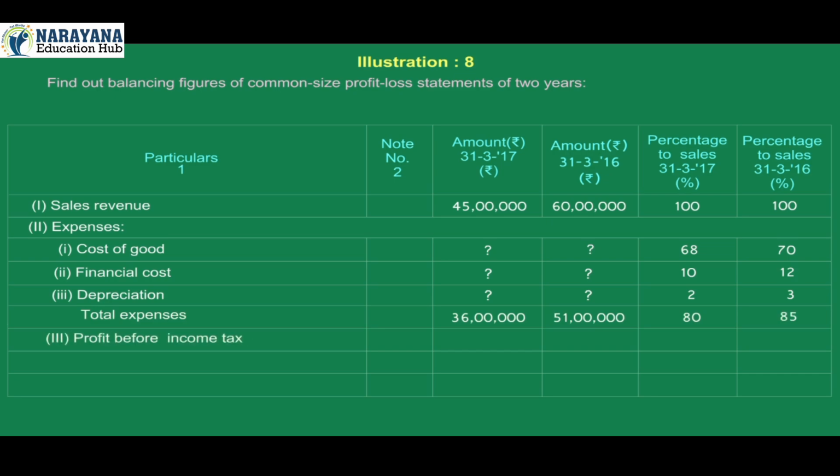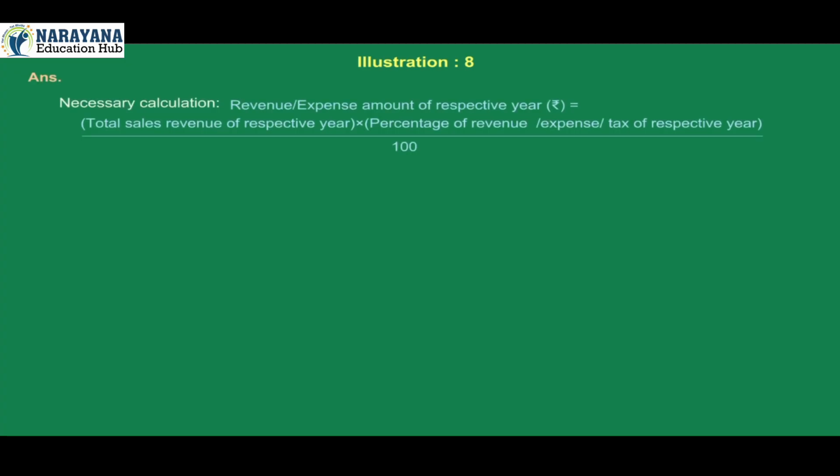3. Profit before income tax, 9 lakh, 20%, 15%. 4. Less income tax, 30%, question mark. 5. Profit after income tax, question mark. Answer. Necessary calculation.